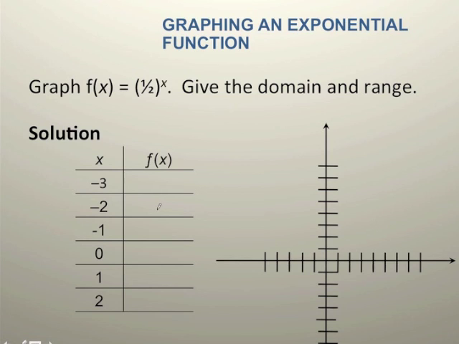We want -3. So (1/2)^(-3) flips it and makes it 2^3, or 8. (1/2)^(-2) flips it, and it makes it 2^2, or 4. (1/2)^(-1) flips it and makes it 2^1, or 2. (1/2)^0 is 1, since every number to the 0 power is 1. (1/2)^1 is 1/2, and (1/2)^2, which would be 1/2 times 1/2, is 1/4.